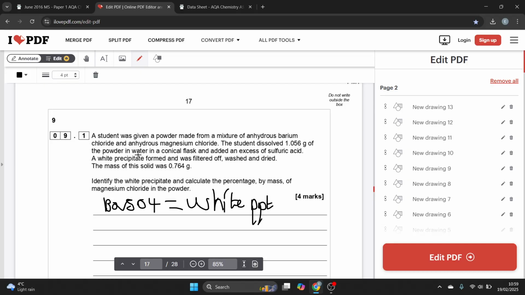So what I would do is find out the moles of the solid. Then use a 1:1 mole ratio to find out the moles of sulfuric acid. No, find out the moles of barium sulfate.